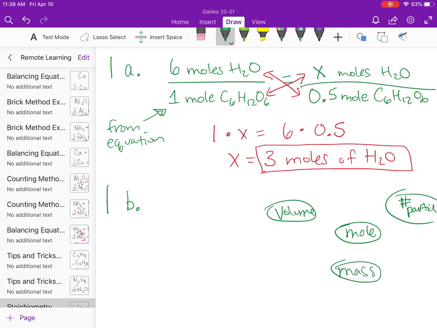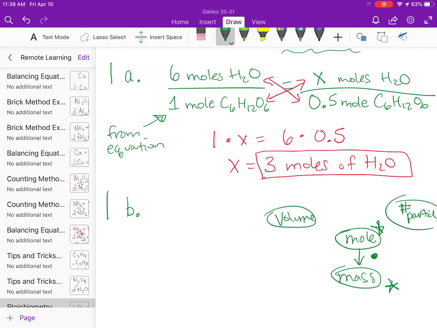Okay, so the question is that we're starting with moles, and we're trying to find how many grams. So if you look at the arrow, it says that we need to multiply by the molar mass. You may not have that chart with you, but it's posted in the Google document. So from moles to grams, we need to multiply by the molar mass.